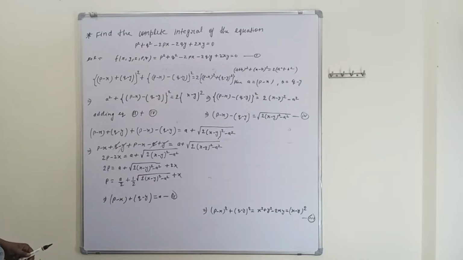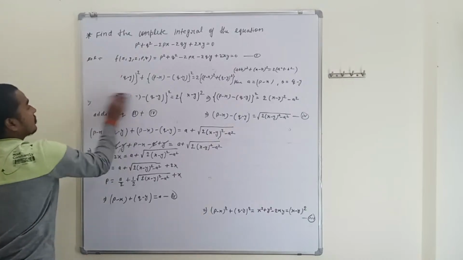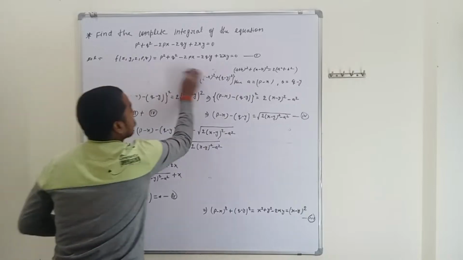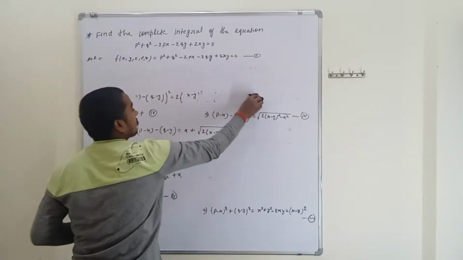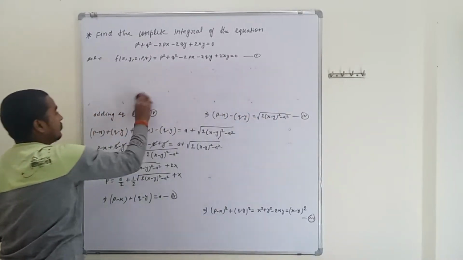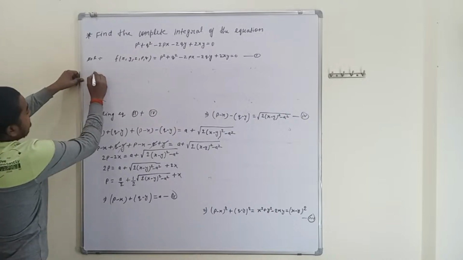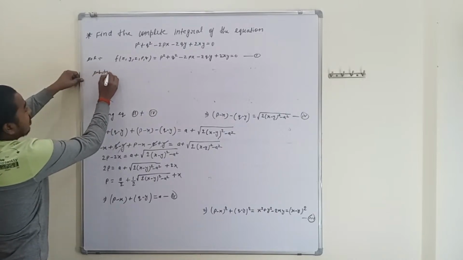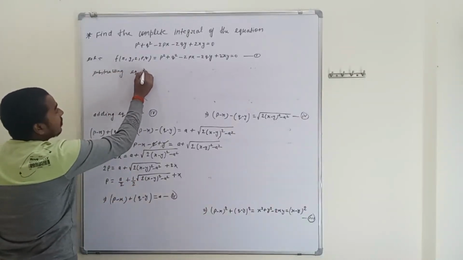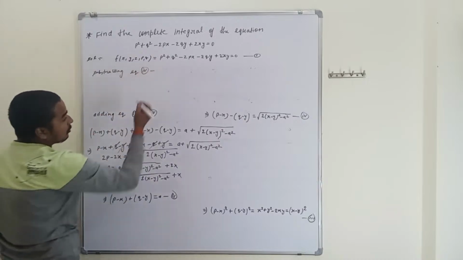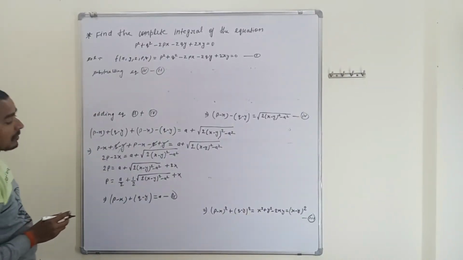Further we have to find the value of q, subtracting equation 4 minus equation 2, subtracting left hand side to left hand side and right hand side to right hand side.